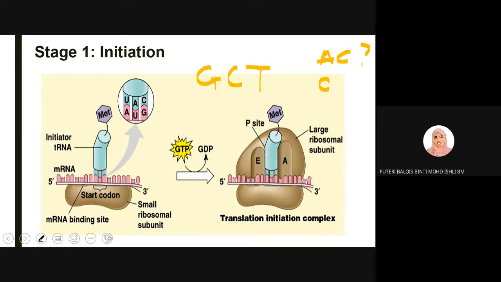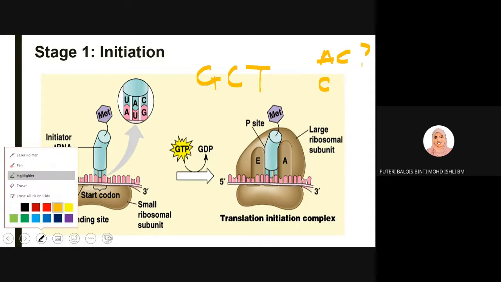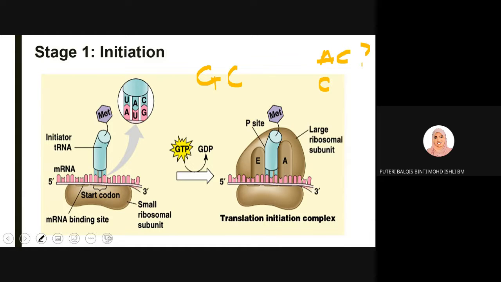If my codon is GCT... Actually, if my codon is GC, not T, GCA. Sorry. If my codon is GCA, what is my anticodon?